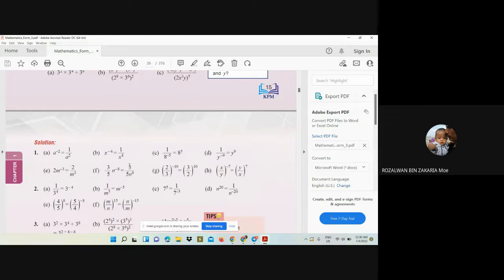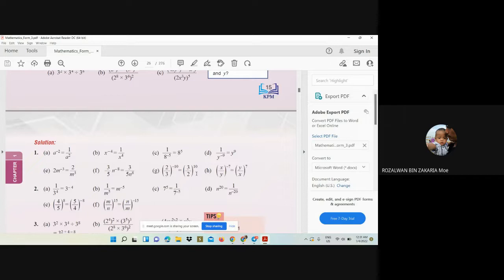So this one equal to 3 divided by the 5n power of 8. And for g here, in bracket 2 over 3, close bracket, power of minus 10, it is equal to, in bracket, 3 over 2, power of 10. So look at here, this one 2 over 3. So the answer, it is equal to, in bracket, 3 over 2, and this one power of 10. This one is power of minus 10.